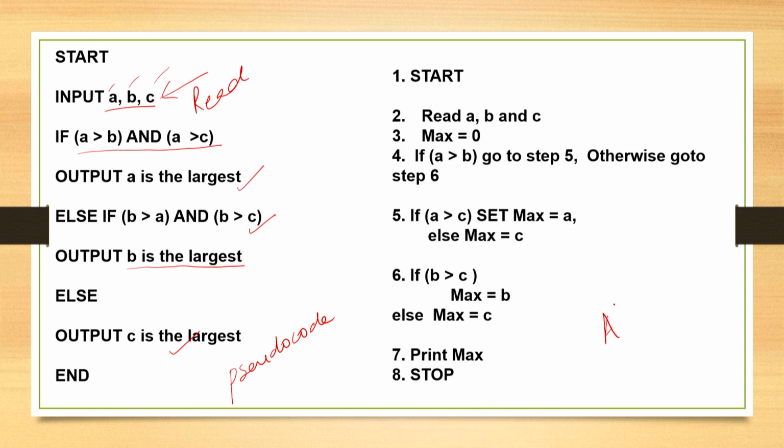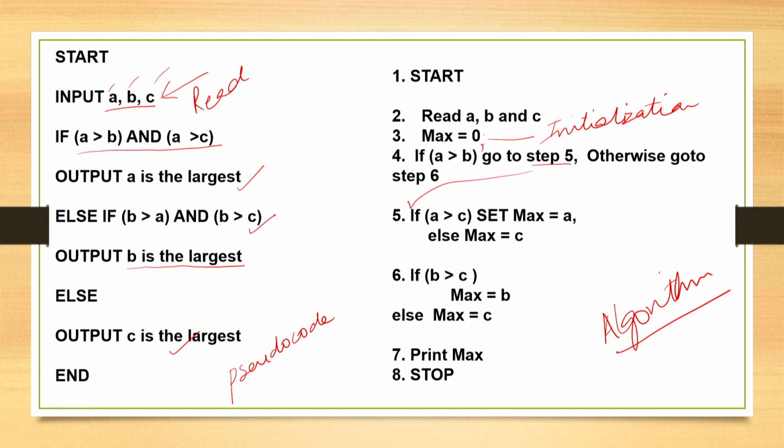What is the algorithm for the same problem, that is the largest among three numbers? First, you have to start, read A, B and C. We have taken some variable max. This is called initialization. Means here we are assigning a value 0 to max. Then in the next step it says if A is greater than B, then where it has to go?